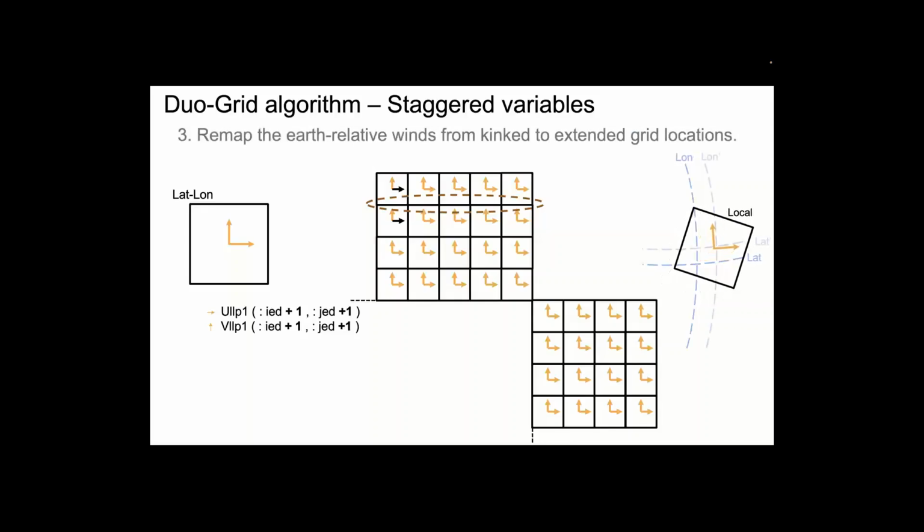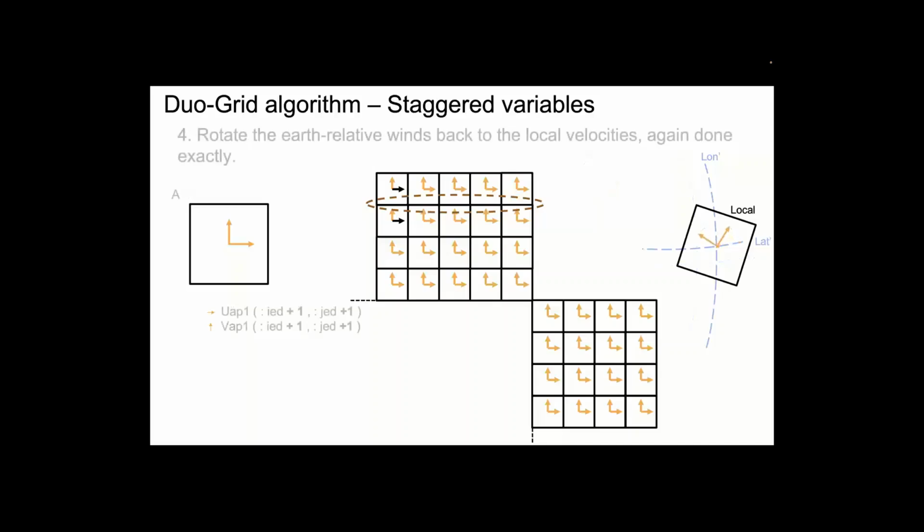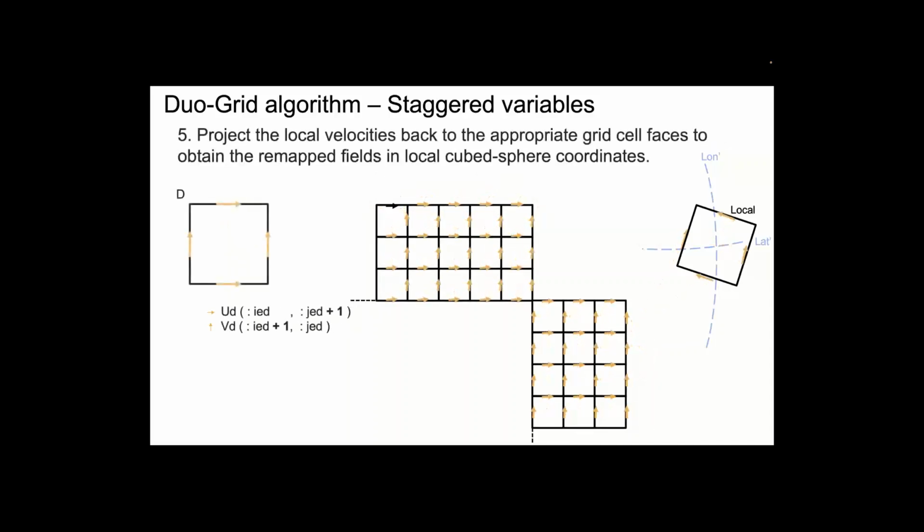We do the remapping. So we compute the data where it's supposed to be on the extension of the great circle lines. Then we will rotate the data back to the local coordinates, and then we will compute the resulting field to get the final remapped D-wind field.